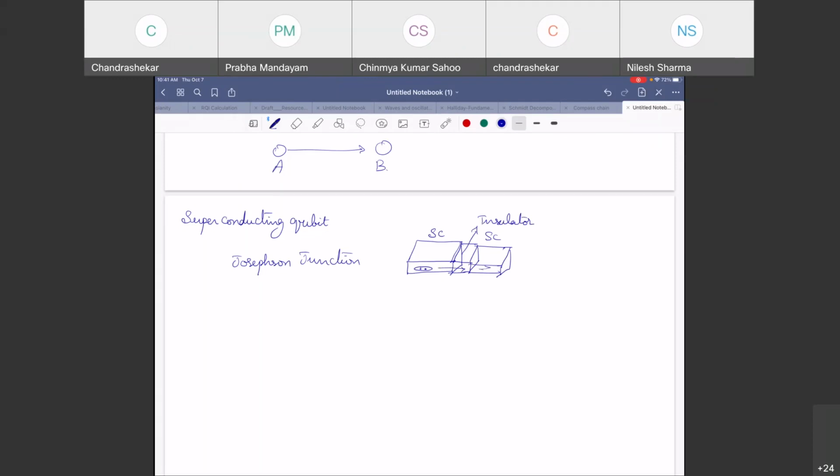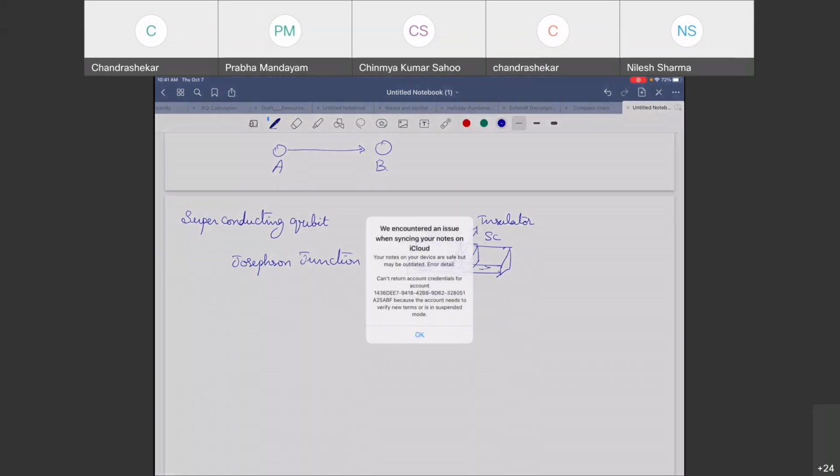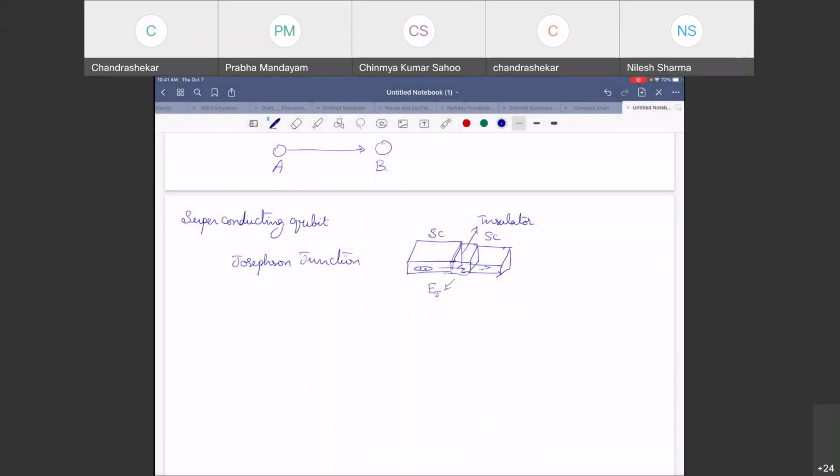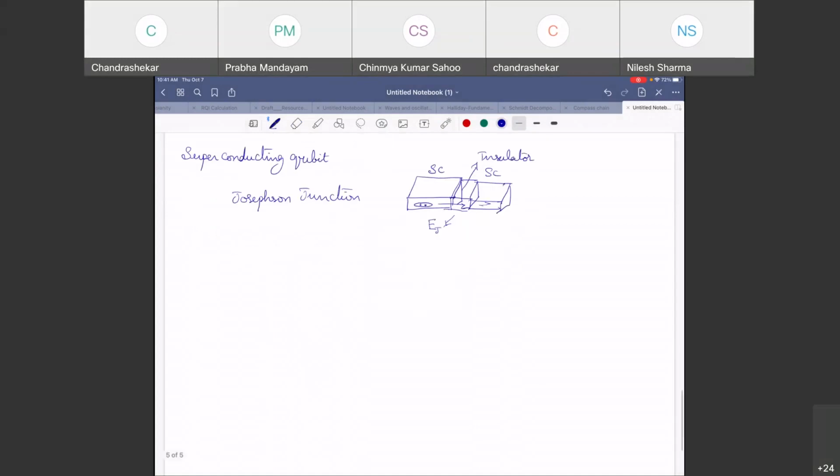The Josephson junction has an energy: the energy required for the Cooper pair to tunnel is called the Josephson energy, EJ, and based on this, there are three possible superconducting qubits.